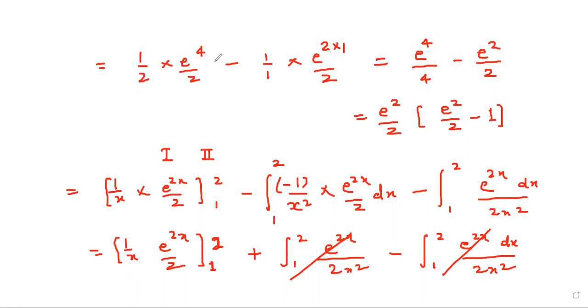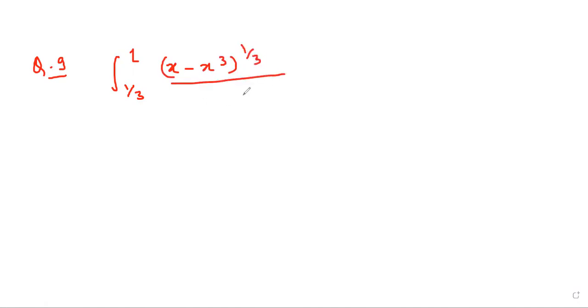Now, let's go to question number 9. Question number 9 says integration 1 by 3 to 1, x minus x power 3 whole power 1 by 3, divided by x power 4.